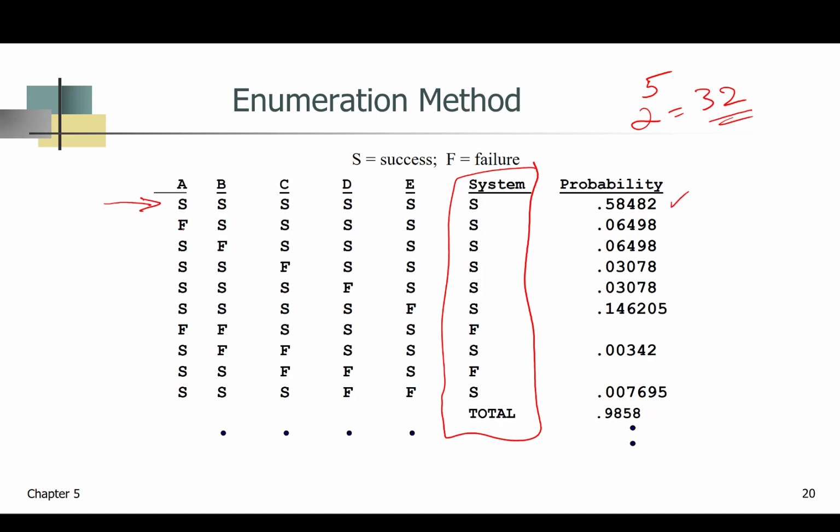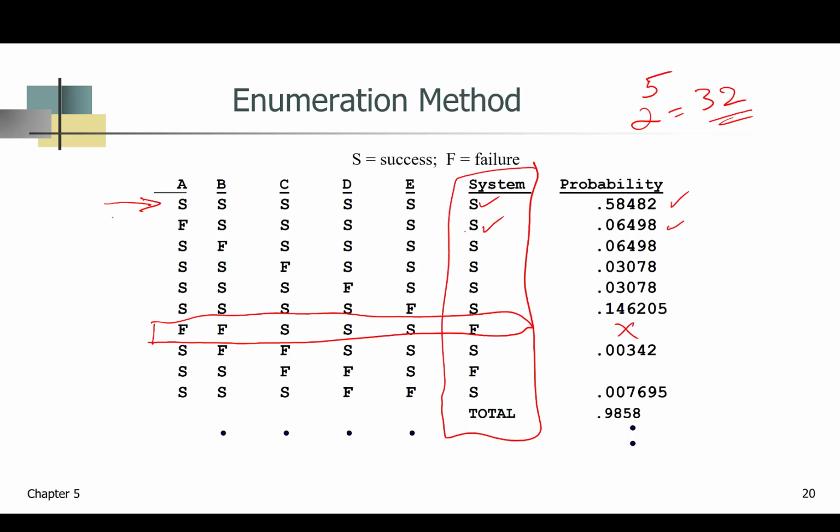But in the second one, we have A failing, and all the other ones are working, and still the system is a success. The system can operate, and eventually we get to a situation like this, where we have A and B both failing, and if A and B both are failing, then the system will fail, and we don't even need to compute the probability for that.